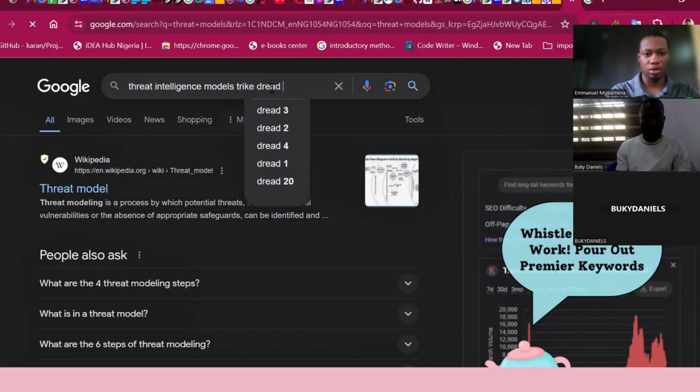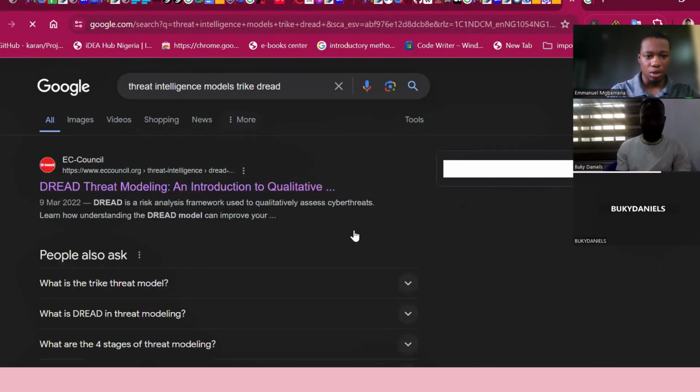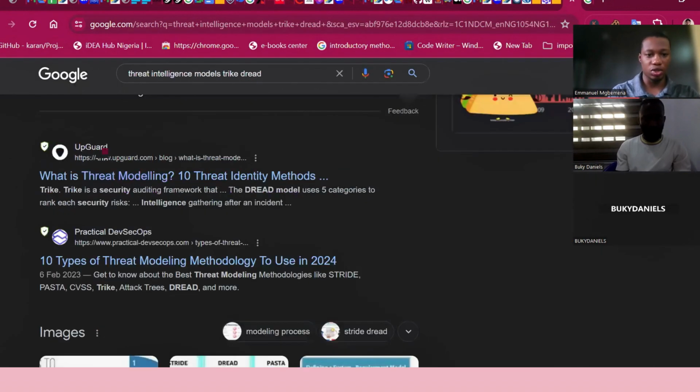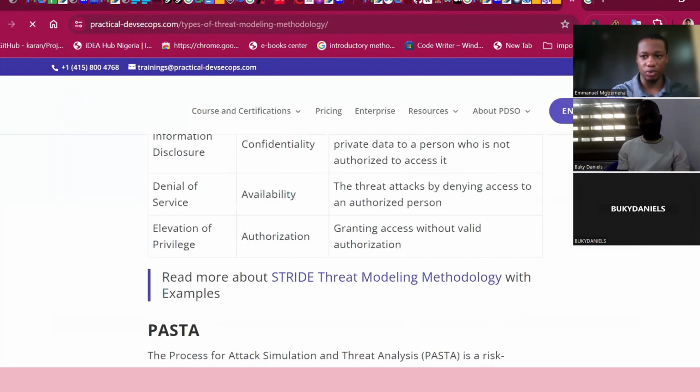Let's look at the DREAD, since they told us to use DREAD. Okay, this one, threat modeling methodology to use in 2024. We'll go back to the DREAD, but I want us to look at some examples.